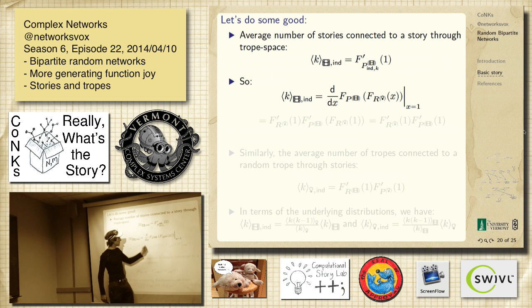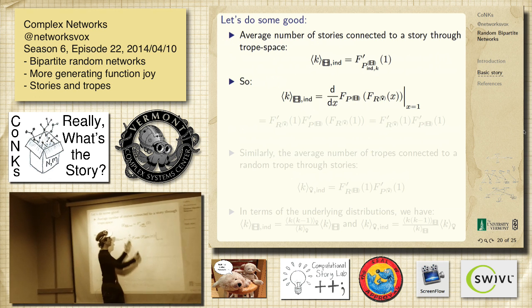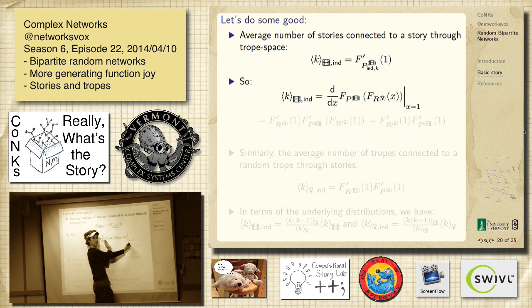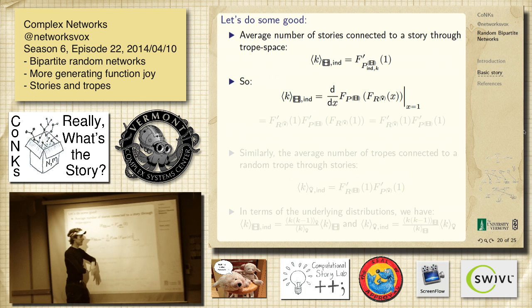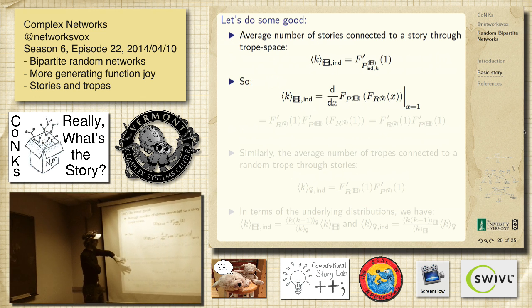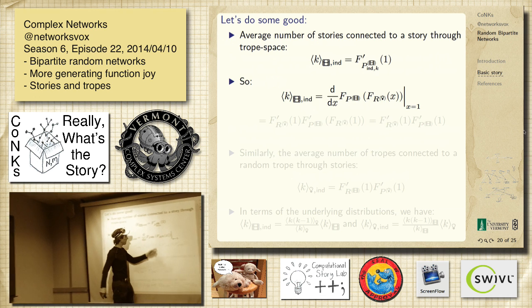So we take this derivative, and I'm putting in the expression we just found. The induced probability distribution's generating function is this composition of the underlying degree distribution for stories and, I need a good word for that, the other friends distribution for tropes.